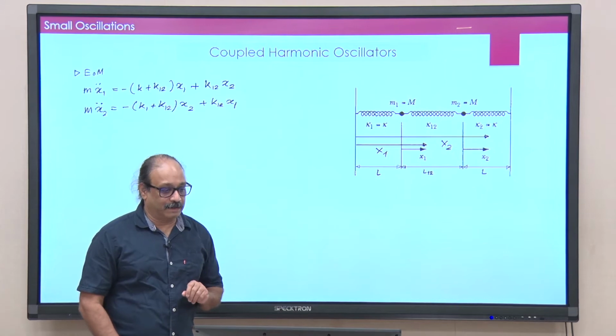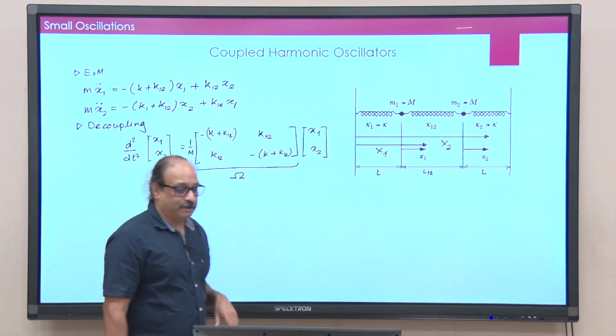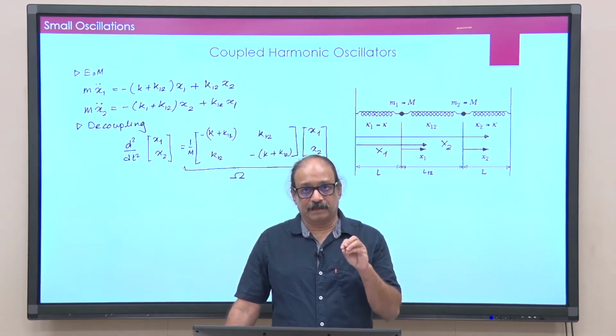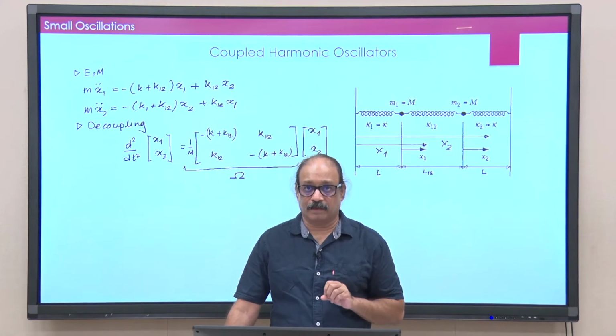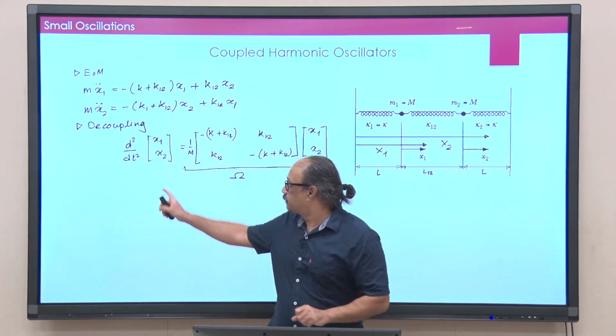Now, let me put this in matrix form. If I want to put this in a matrix form, you put x1 and x2 in the column matrix, okay. So, it will be a 2 by 1 column matrix, and the second derivative of that.